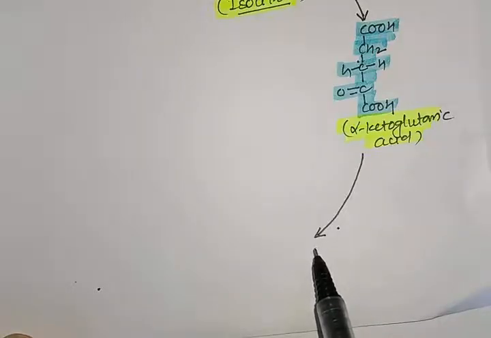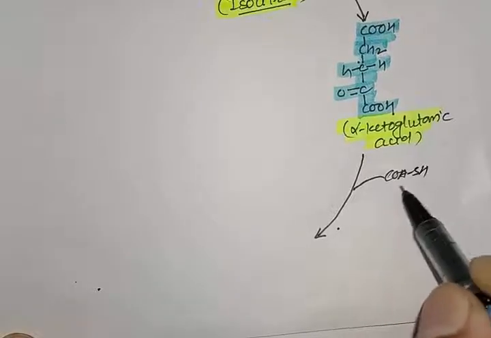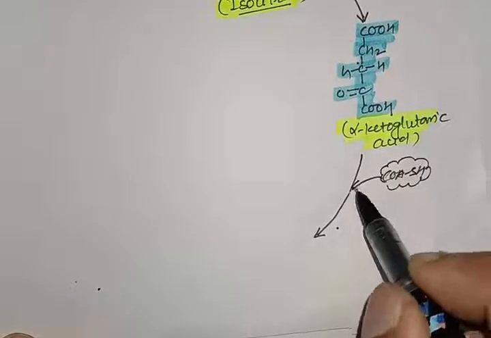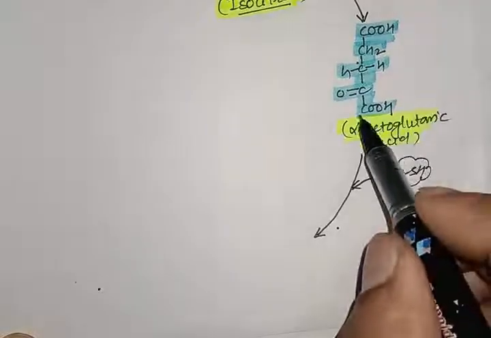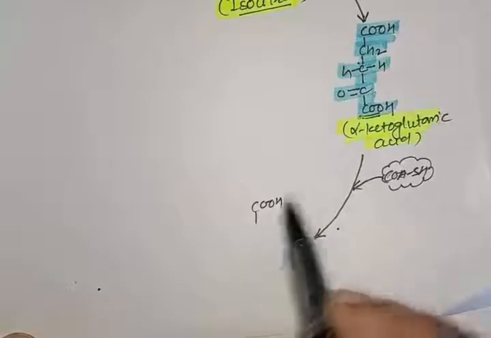This alpha ketoglutaric acid then changes into succinyl CoA in the presence of CoASH, which is released during the first step of this reaction. So in this case this CO2 is removed. So COOH, then it is our CH2.